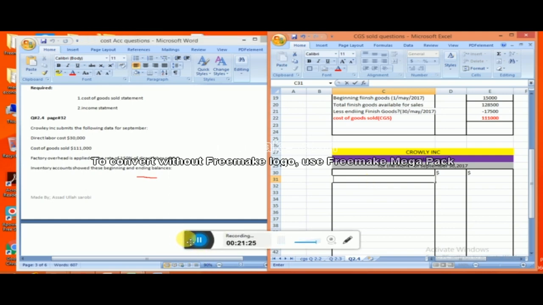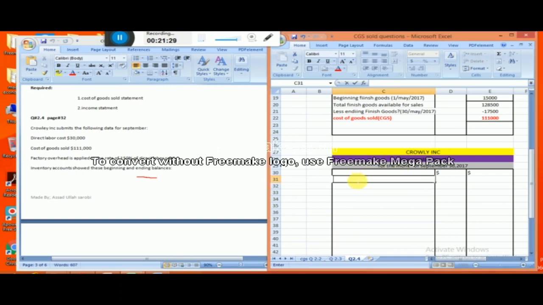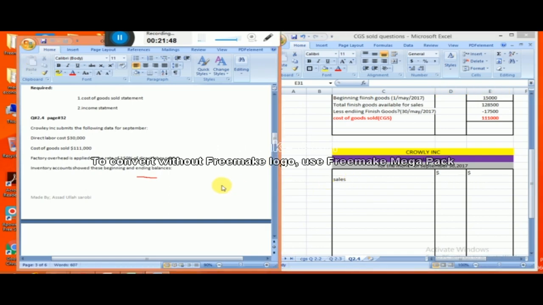Now how much are the sales? Because this is a manufacturing business, our source of revenue is sales. From the question we will know how much the sales are.